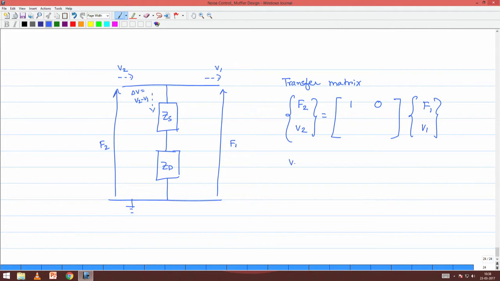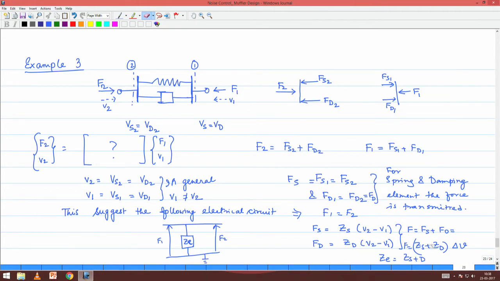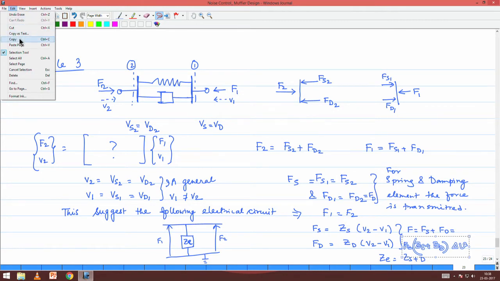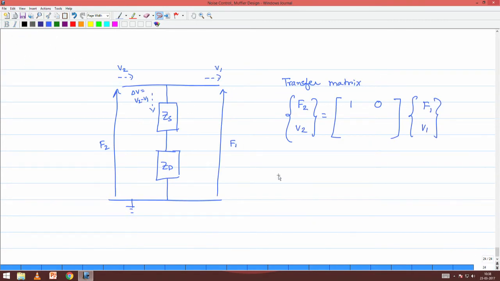The bottom row needs to capture the relation that V2 minus V1 has got to be Zs plus Zd times, F, which is, if I just copy and paste this relation, this is the relation that we had.